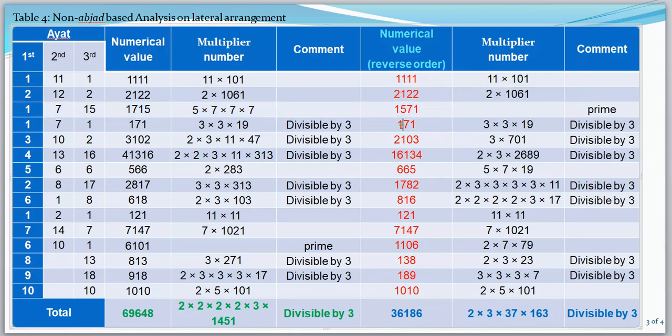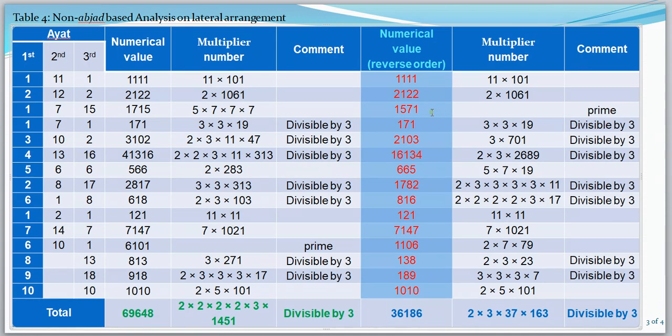Likewise, the other numbers are also presented here, and the total summation is actually 36,136, which is also divisible by 3. In this column, the multiplier numbers are presented, and in the comment section, whether these numbers are divisible by 3 or not is shown.